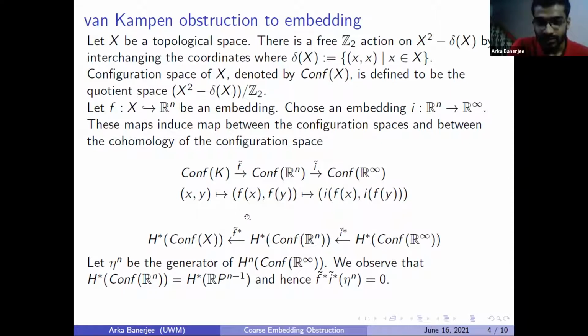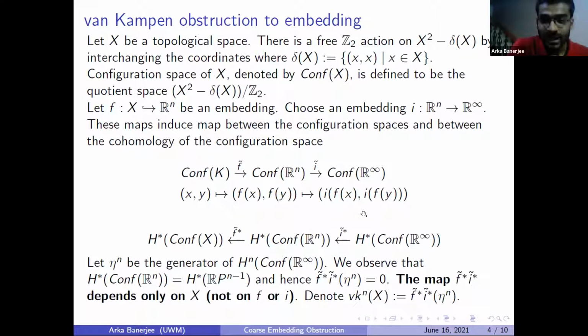Because in this middle there is no nth degree homology, because this is just RP n minus 1, so there is no homology there. So this composition has to be 0. Now the surprising fact is that this composition, f tilde star composed with I tilde star, depends only on X. This is intrinsic to X. This doesn't depend on f or I.